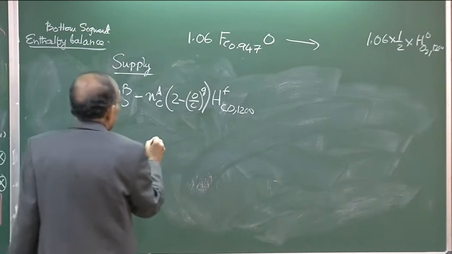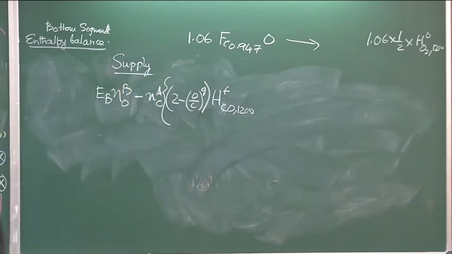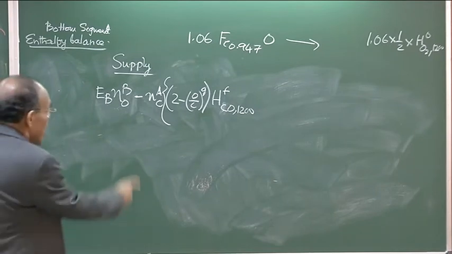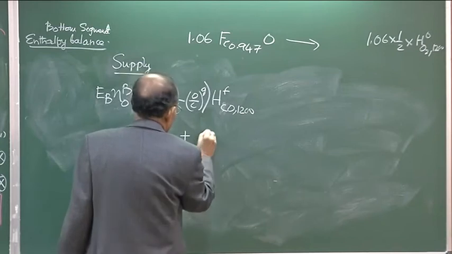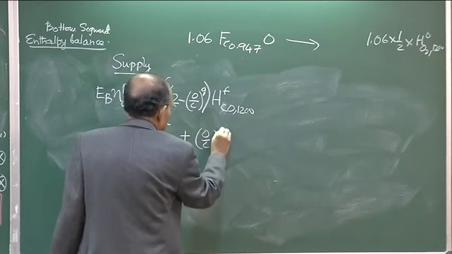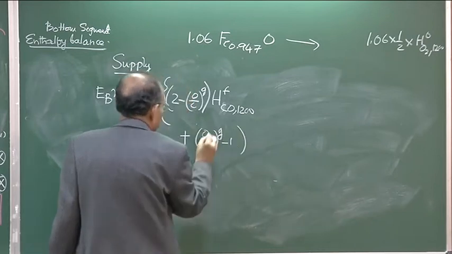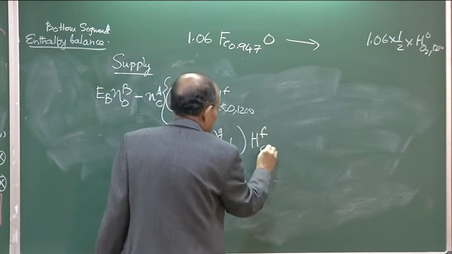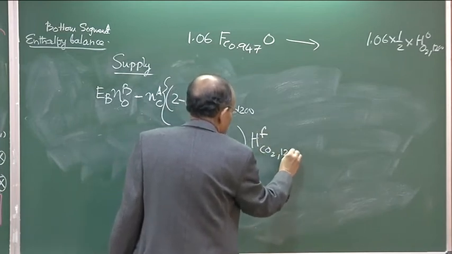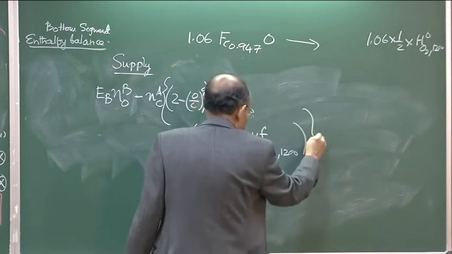So, to save on some time, I will take the NaC common, and looking at this term I can generalize that this is going to be equal to O by C gas into minus 1 into heat of formation of CO2 1200, and the bracket is closed, and this is what it is.